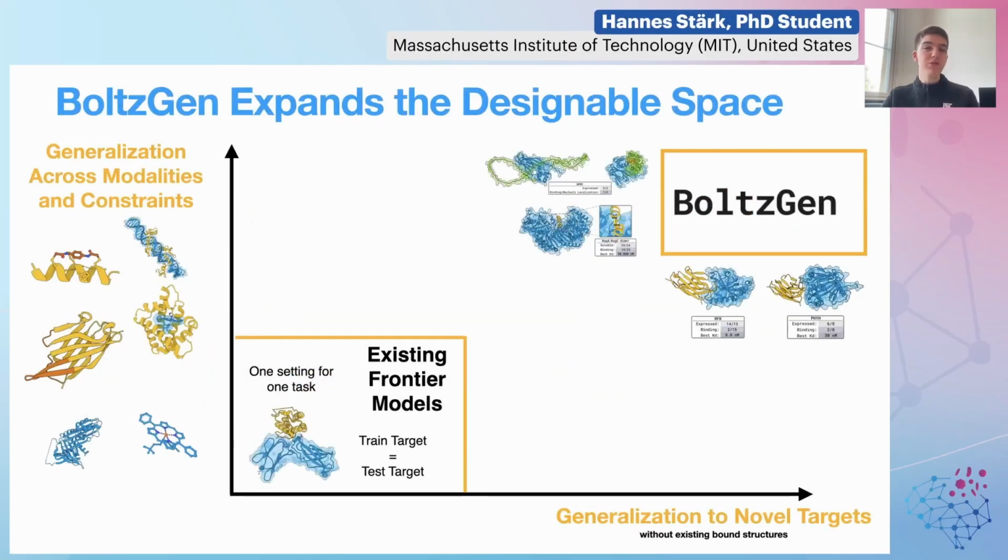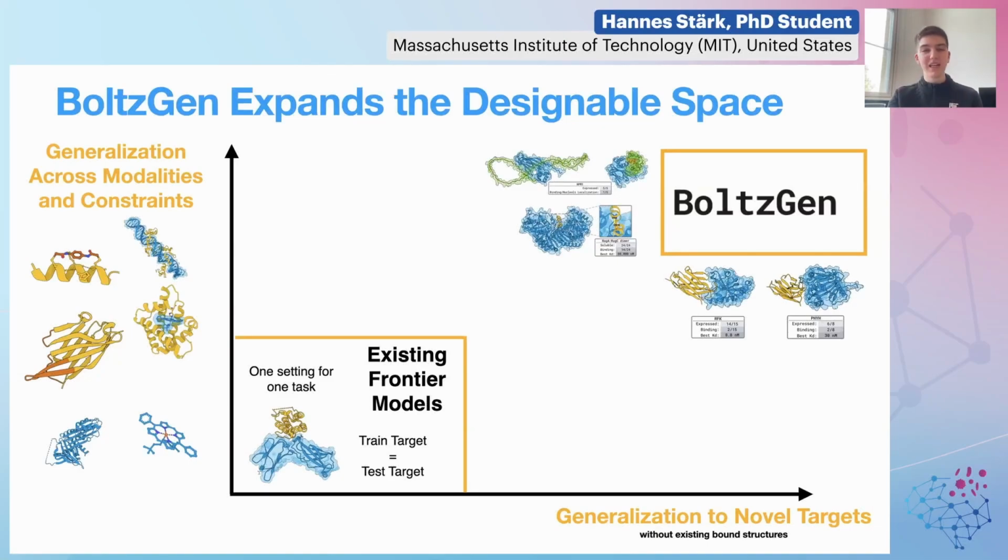So what we now want to do with BoltzGen is to expand the designable space of binder design along two axes, with the first one being generalization across modalities and constraints. We want to have one model that can design nanobodies, peptides, and proteins, and target proteins, small molecules, and DNA, and support all the required constraints that our collaborators might want to impose on the designs.